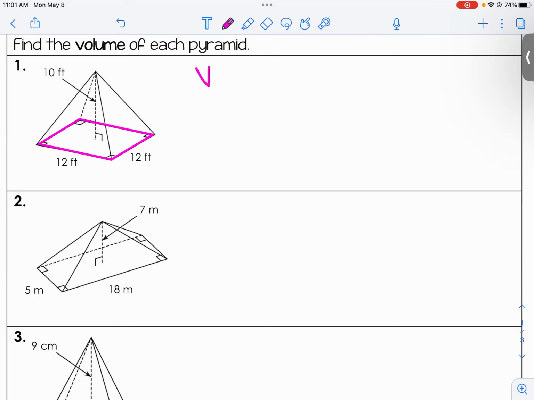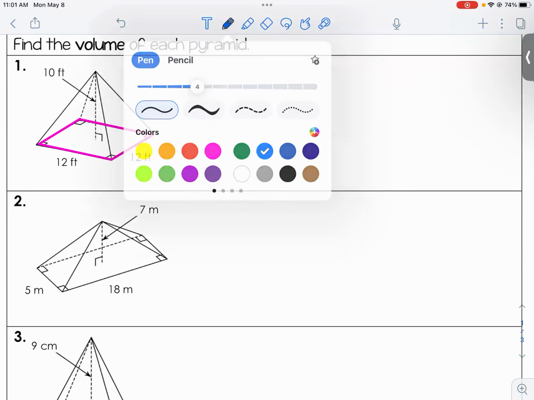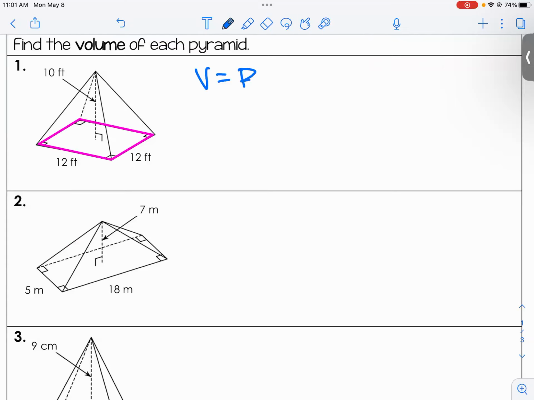So our volume is one third times the area of the base times the height. And we know that our base is a square.